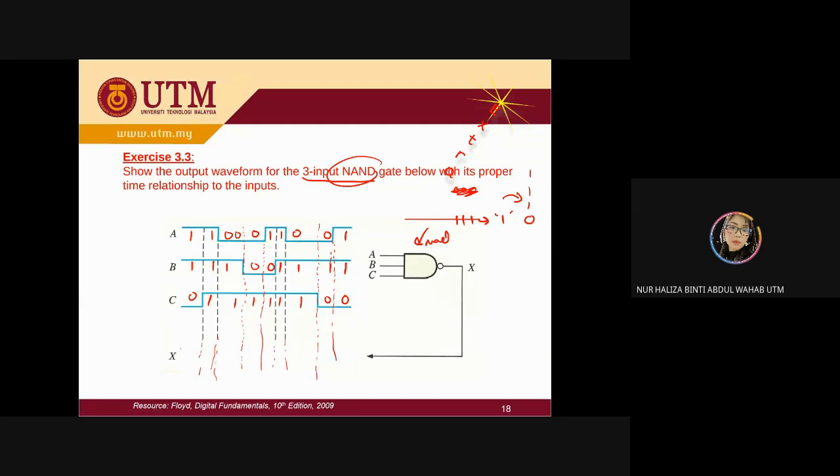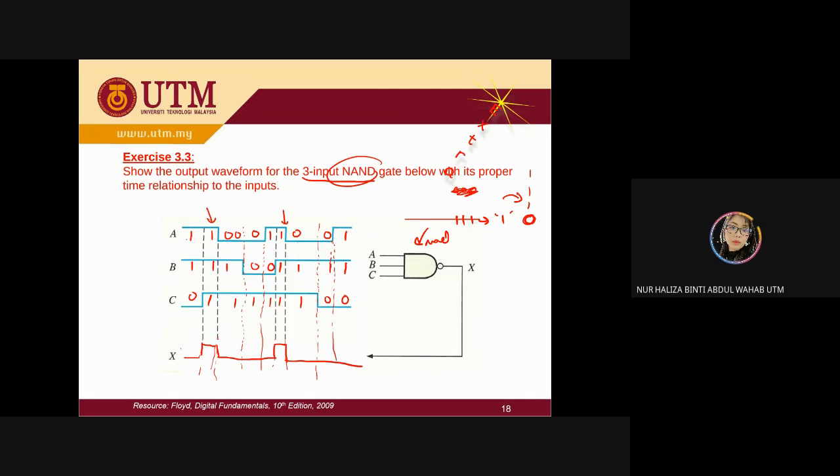So I'm going to pick this part, which is all 1, and use it as a 0. The rest I put 1, and so this is my answer.